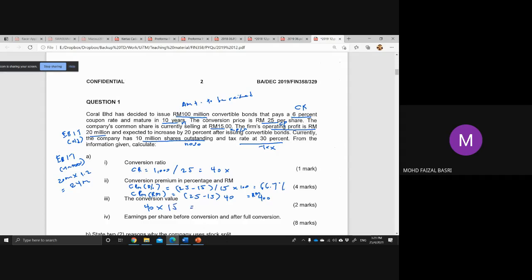So 40 times the market price, so the conversion value is 600 ringgit. Okay, 600 ringgit.